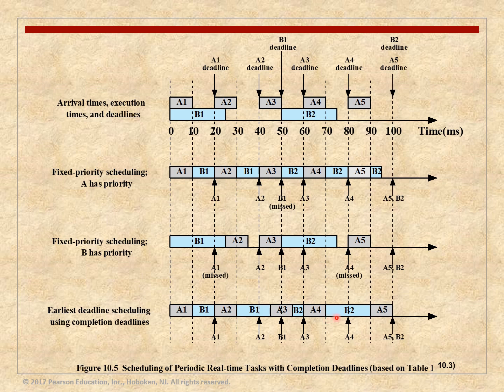B2 executes until time 80. Then we compare the B2 and A5 deadlines. Since they both have a similar deadline, we consider the one that arrived first. So B2 will continue, and then we continue with A5.